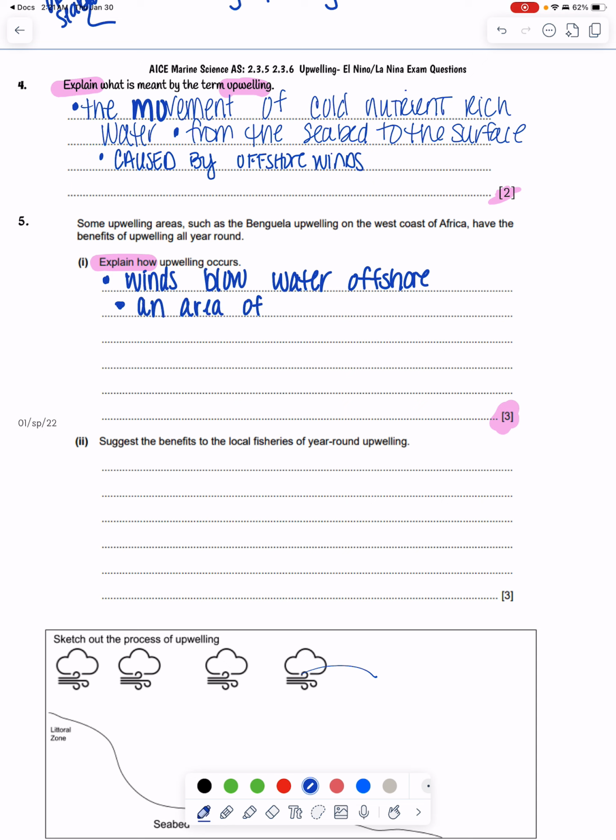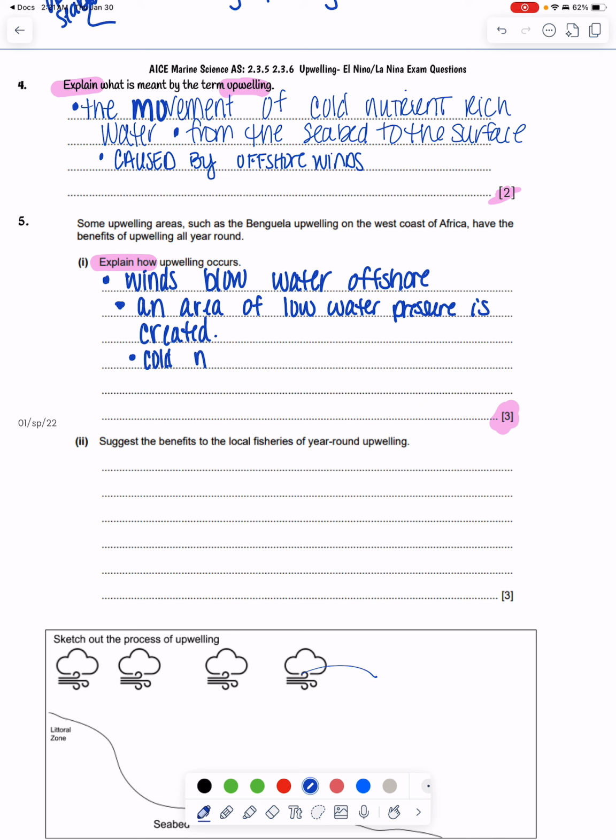An area of low water pressure is created or formed, develops. Okay, and then something has to come up to take its place.